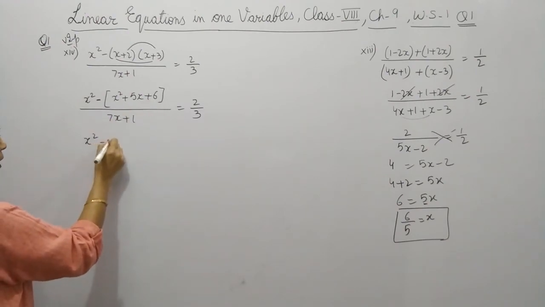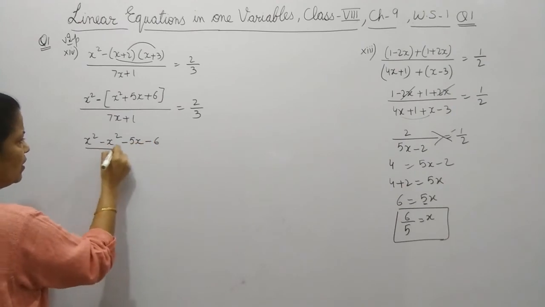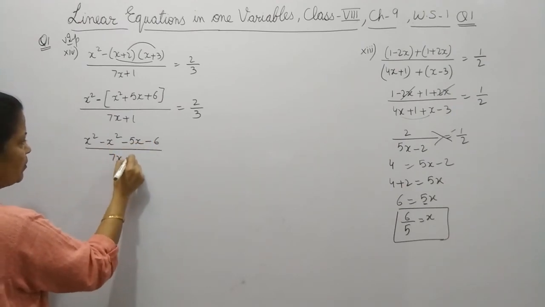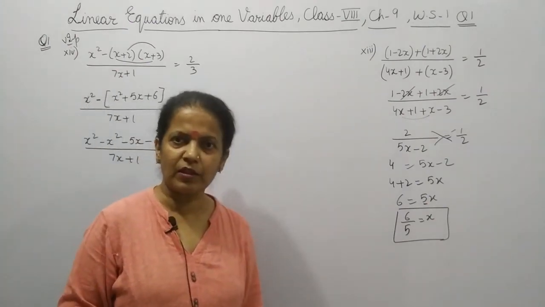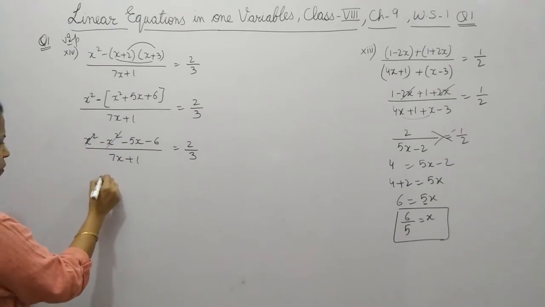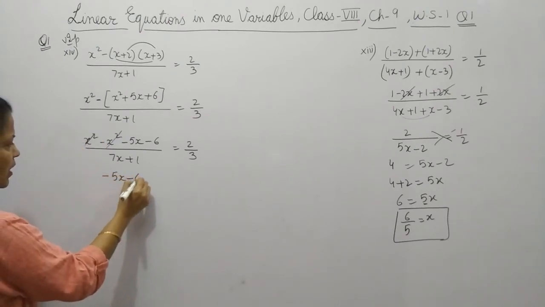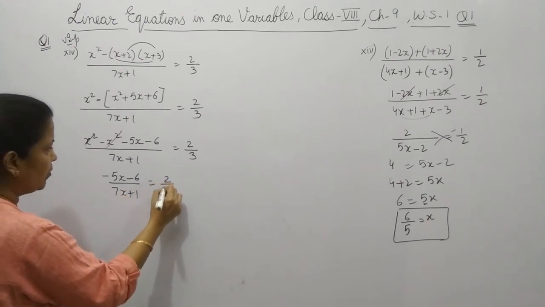So it will become minus x square, minus 5x, minus 6 upon 7x plus 1 equals 2 by 3. I think this concept is clear to all of you. Now, cancel it. So you will get minus 5x minus 6 upon 7x plus 1 equals 2 by 3.